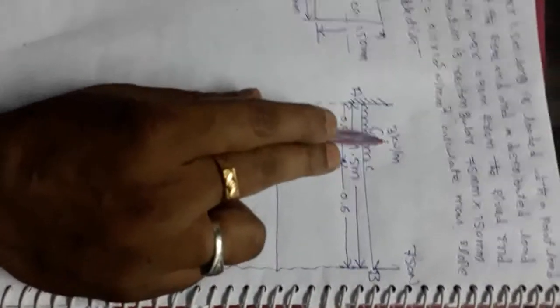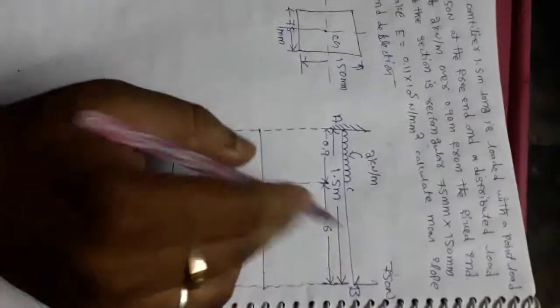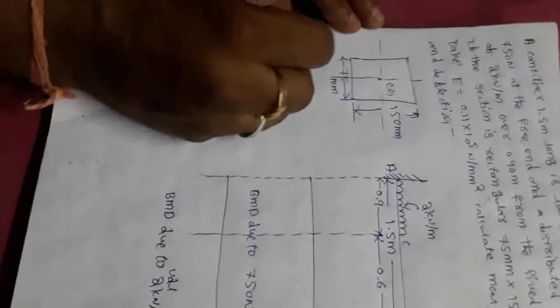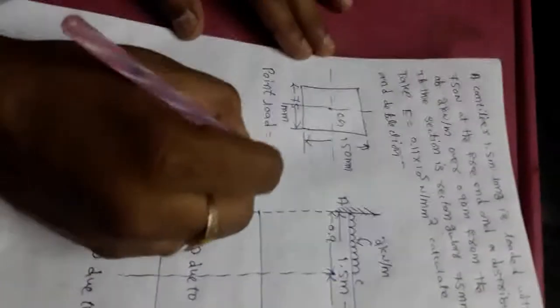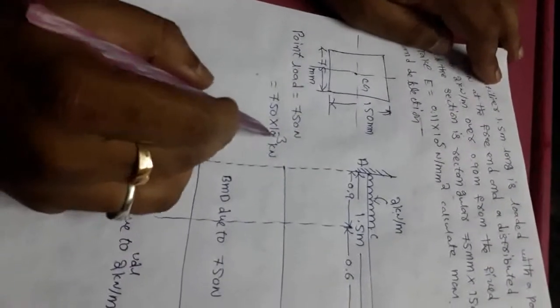There is a required conversion of units from newtons to kilonewtons. Why? Because here the unit is in kilonewtons, but the point load is in newtons. The point load is 750 newtons. For conversion from newtons to kilonewtons, you multiply by 10 to the power of minus 3.